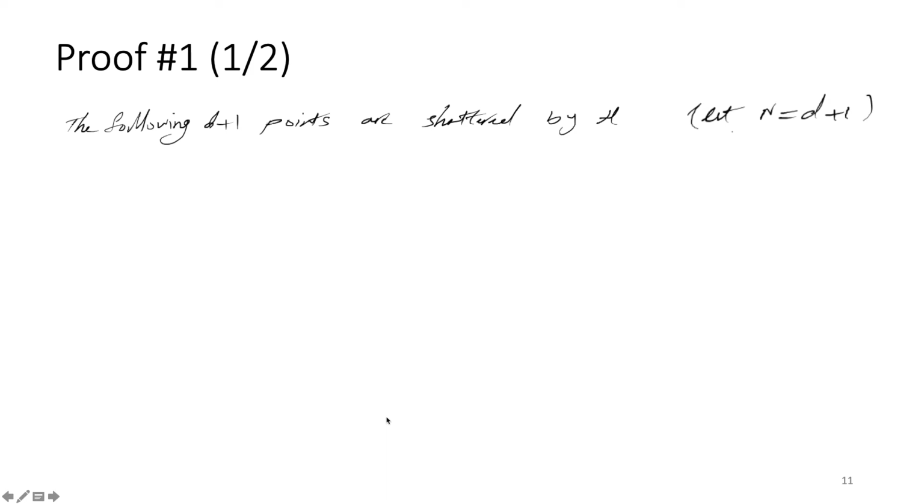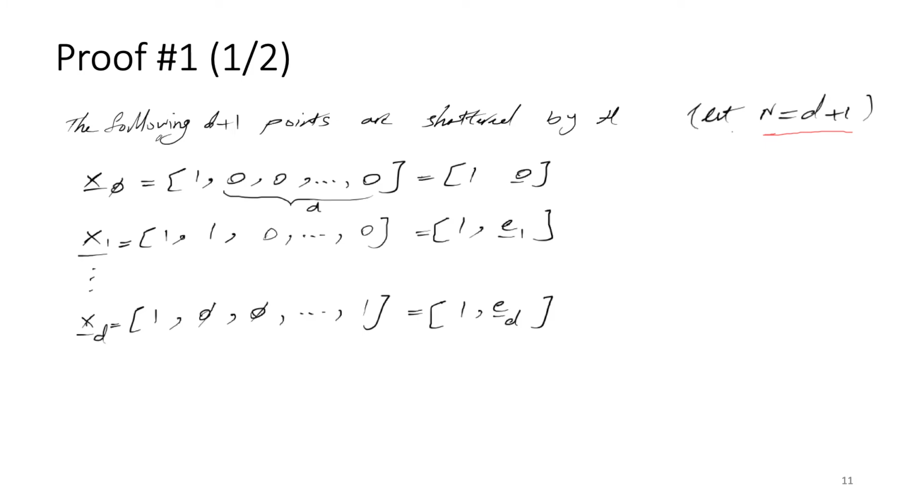All right, so number 1: let n be d plus 1, right? So we have d plus 1 points that are shattered by hypothesis h.